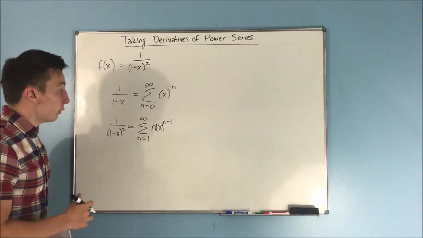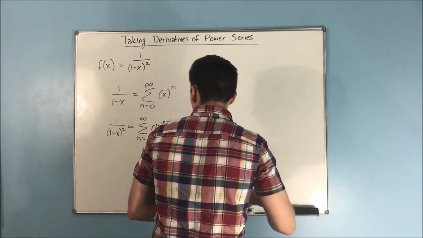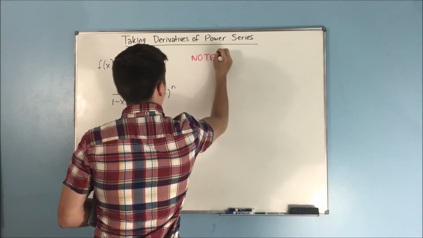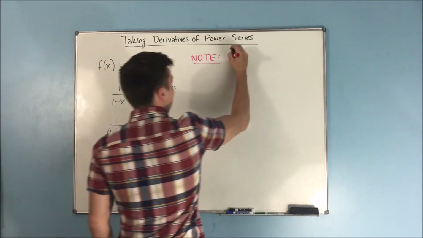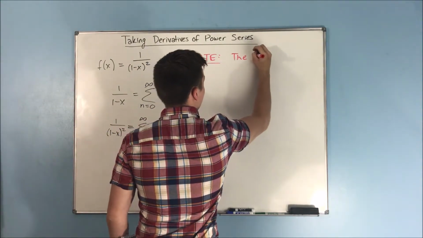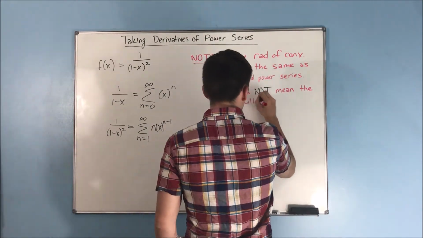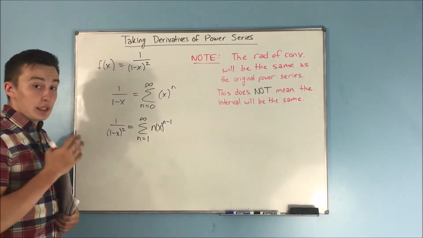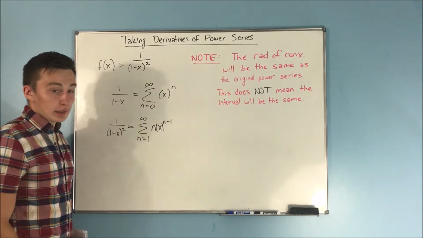Now, something to note: the radius of convergence is going to be the same as the original power series. So the radius of convergence of this is going to be the same as this.